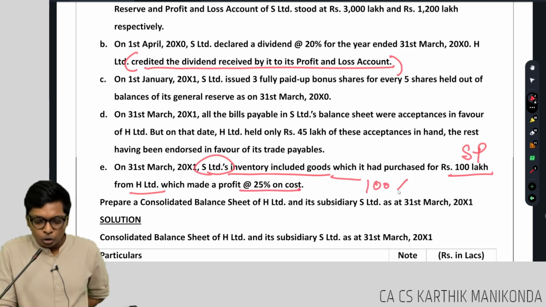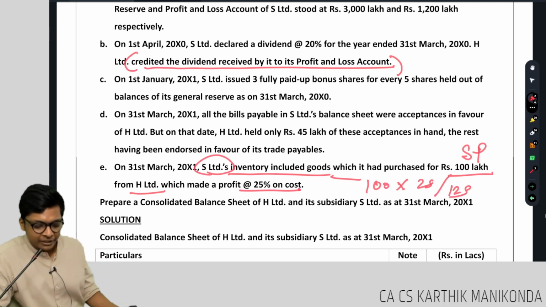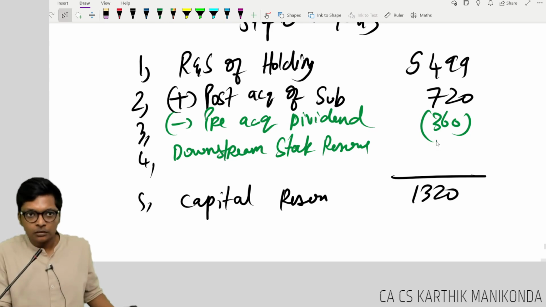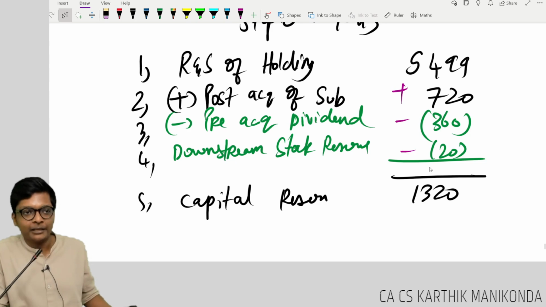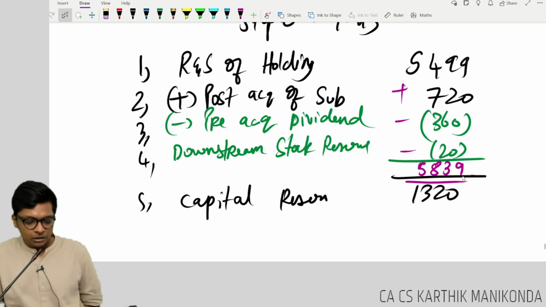So 100 into 25 by 125. Correct? How much you are getting? 20. So 5499 plus 720 minus 360 minus 20 gives 5839. Are you all following, guys?